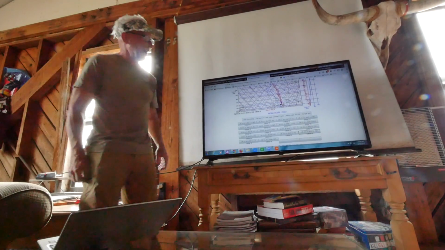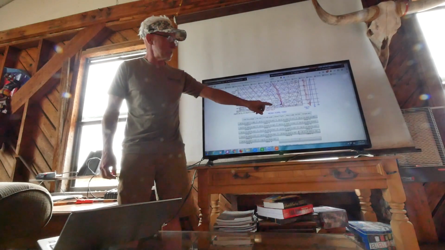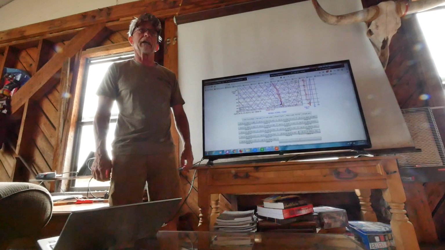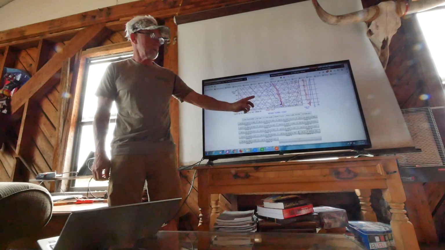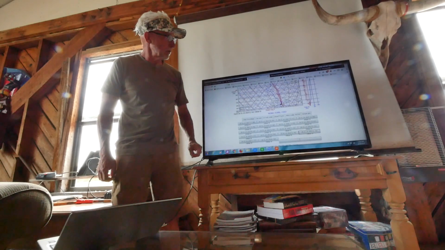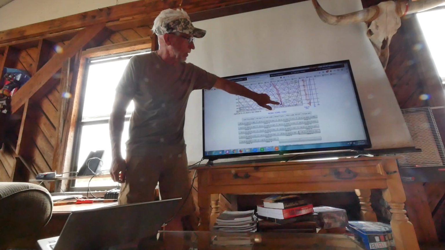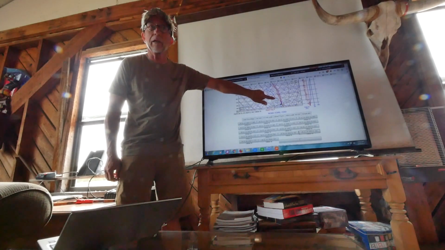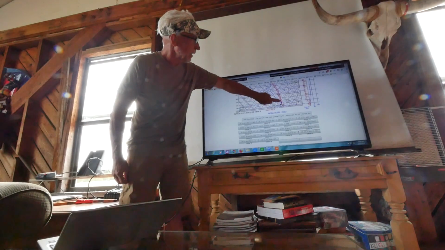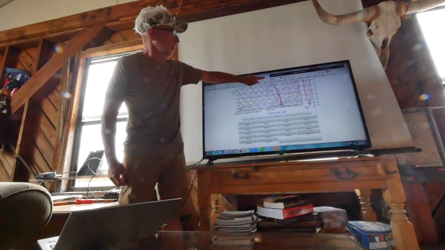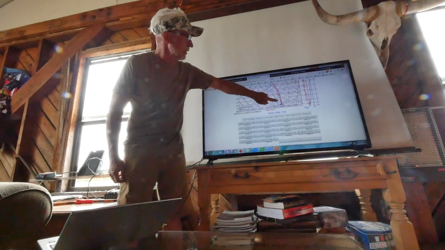Well, now look what happens here, and that's why this day we decided to cancel. This is primarily one of the two inputs that influenced our decision. Now that parcel begins to cool at the saturated adiabatic lapse rate, and it's got this curved line that goes like this.